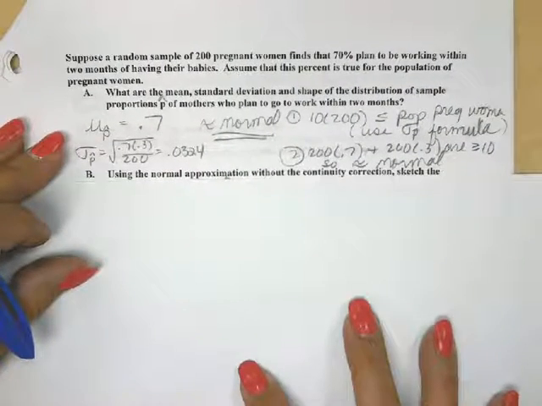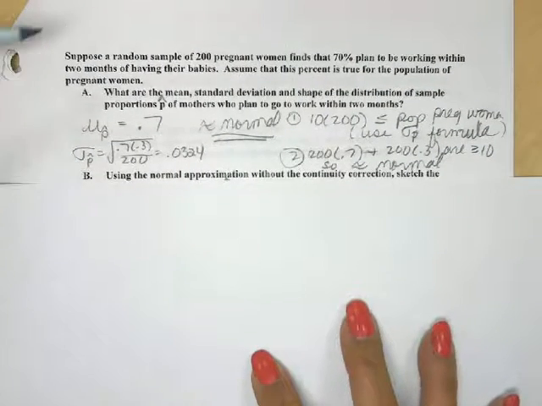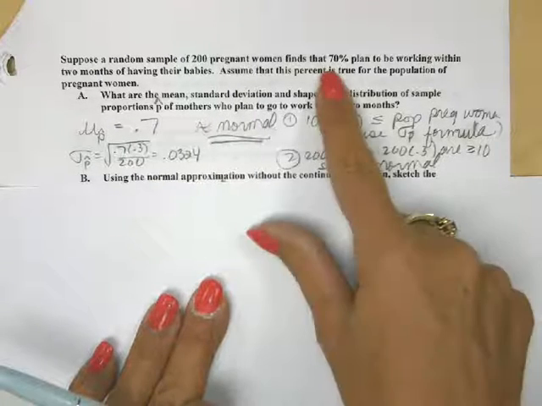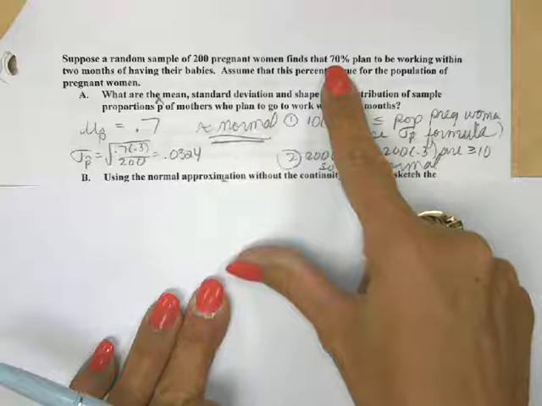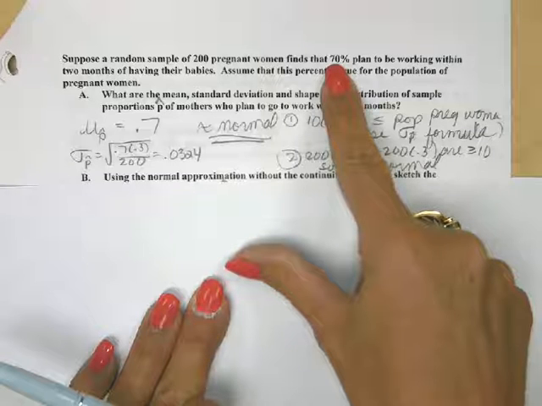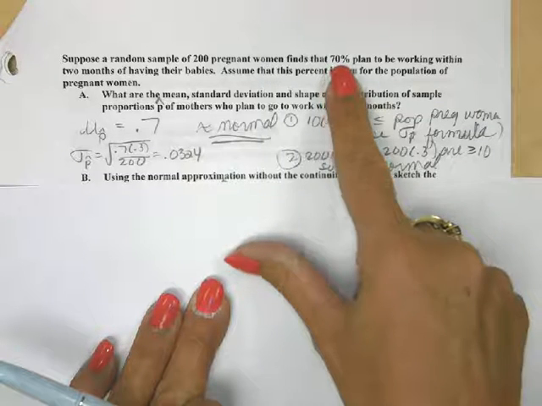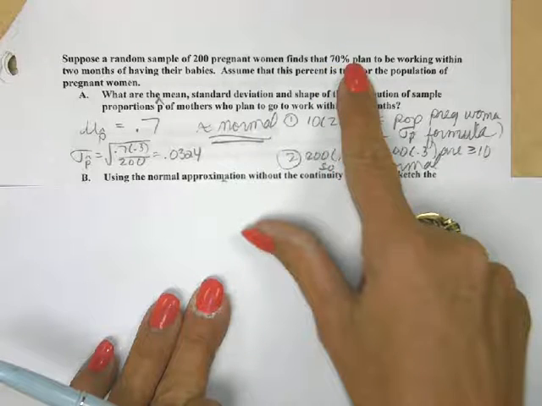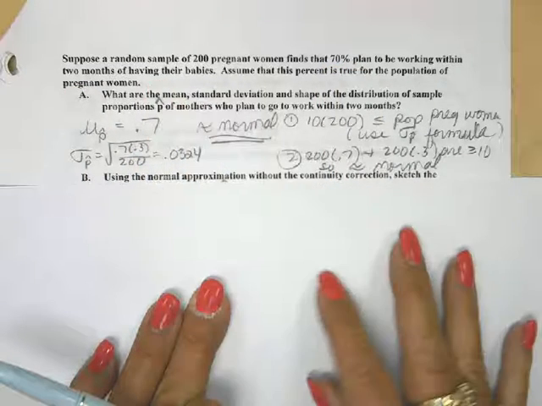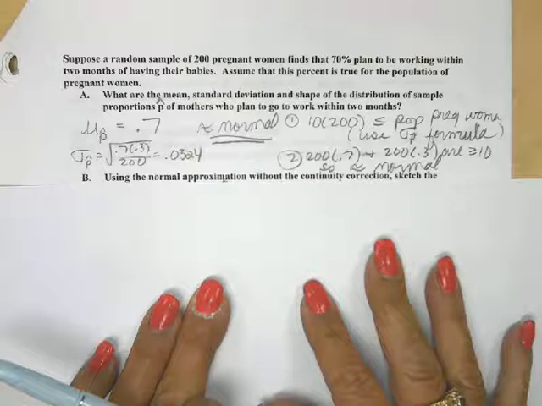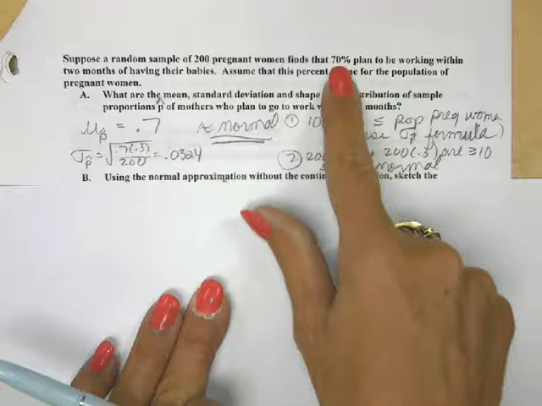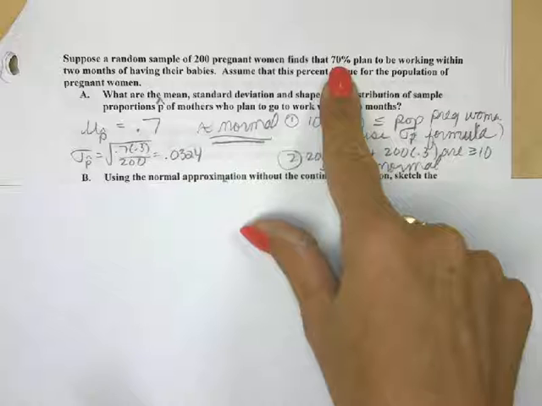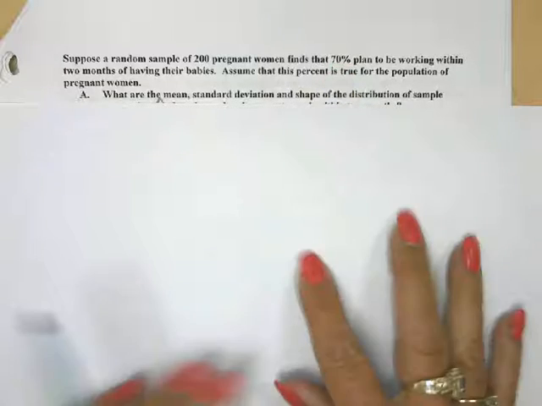All right, suppose we have a random sample of 200 pregnant women, and we're looking at the statistic, or actually the parameter for this setting, that 70% of women plan to go back to work within 2 months of having a baby. So we're going to assume that this is the true proportion for a population of pregnant women. Think about my picture.